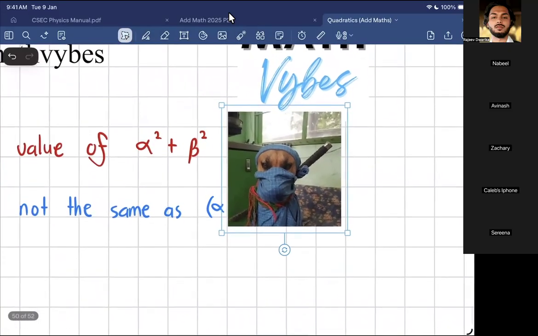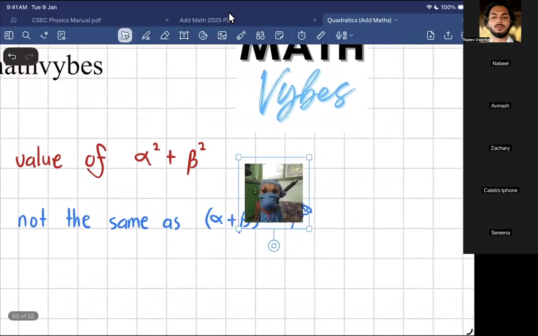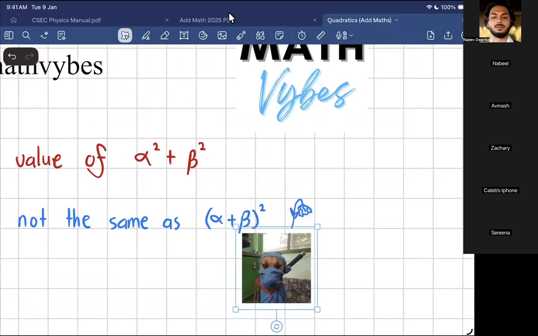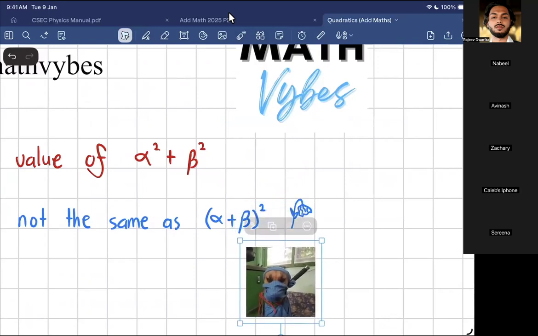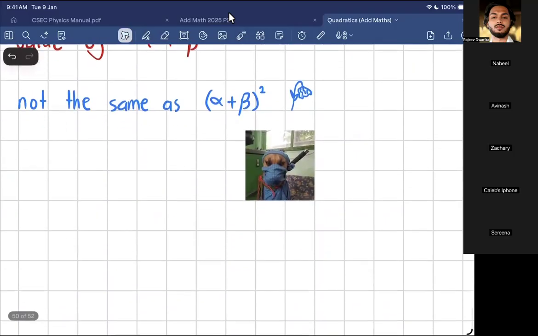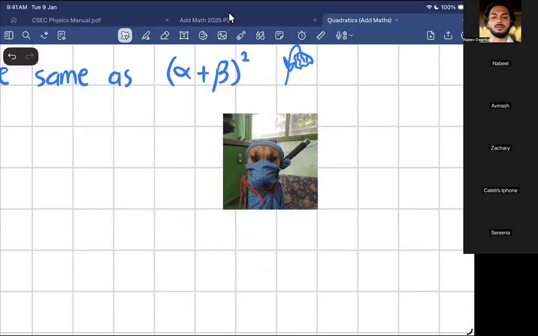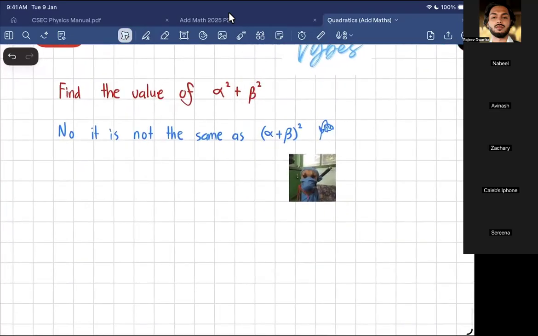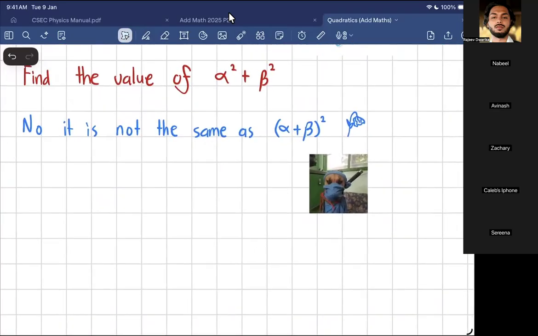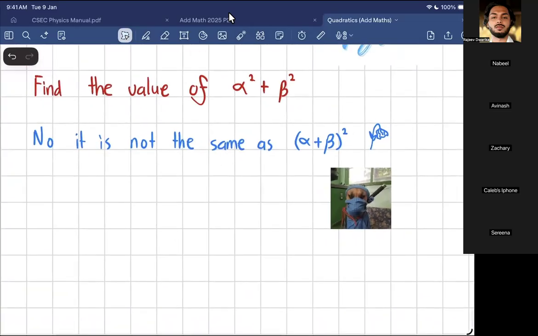Anybody own a Brownie? Anybody here have a Brownie? Big up yourself, Avinash. What's Brownie's name? Zeus. Oh, small thing. Yeah, small thing.